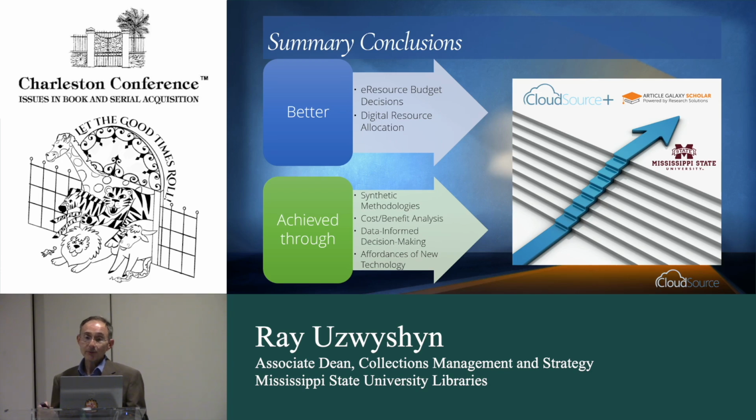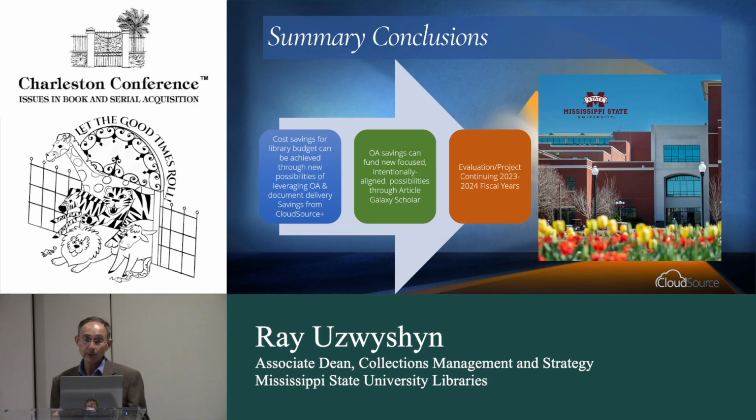Again, this is achieved for us through these synthetic methodologies, a cost-benefit analysis that I've outlined, data-informed rather than data-driven decision-making. So it's all about that conversation and the affordances of these new technologies.